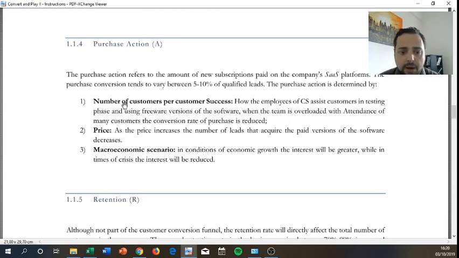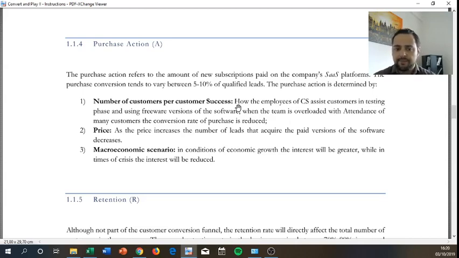Basically, the number of customers per customer success. So suppose that you have a huge staff to help your customers. But this staff not only helps your customers, but also helps qualified leads to use free versions of your app.